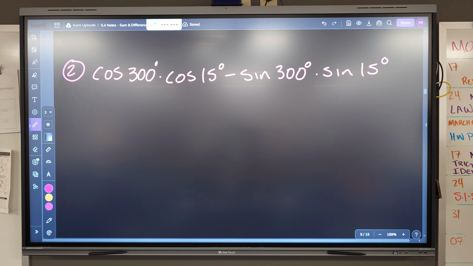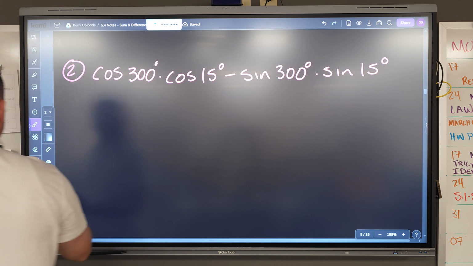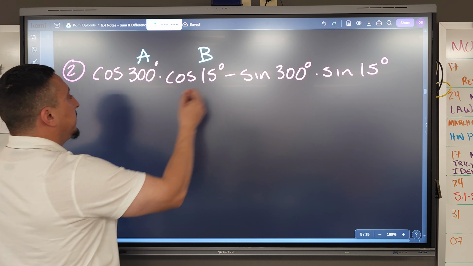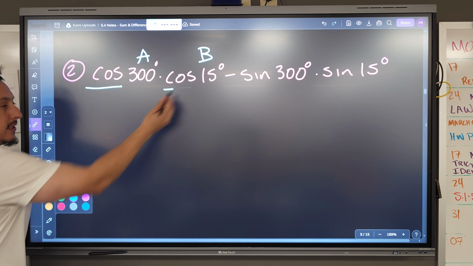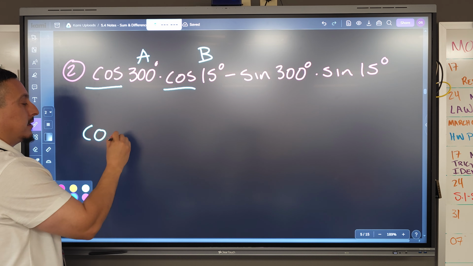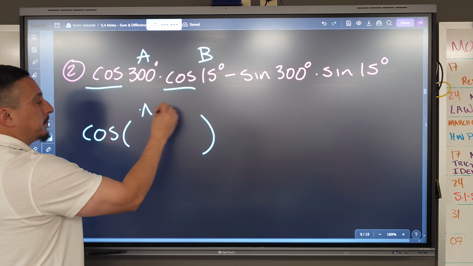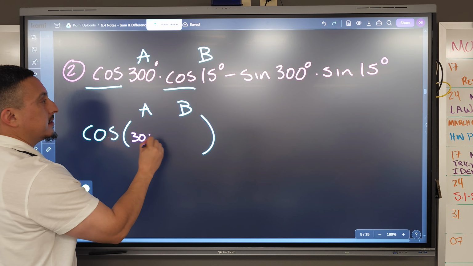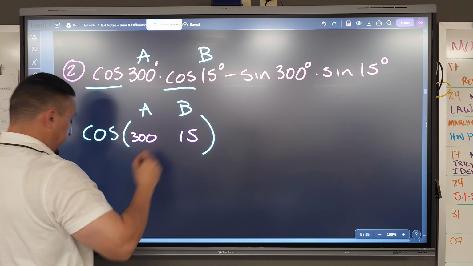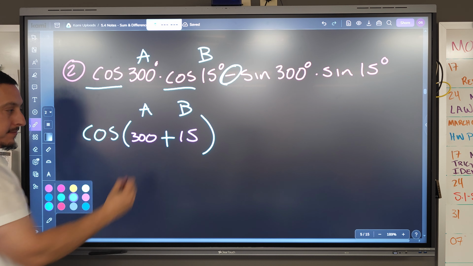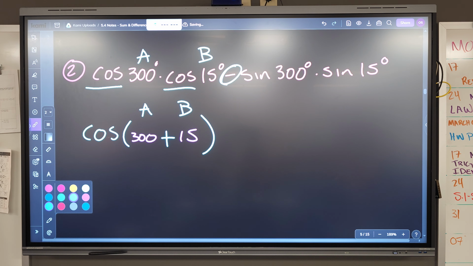Okay. So here we go, guys. This is the A, B. This is a cosine, cosine. So who's cosine, cosine? The cosine one, right? So cosine AB. So this is 300. This is 15. And if it's minus here, it's positive here. Anybody got that?